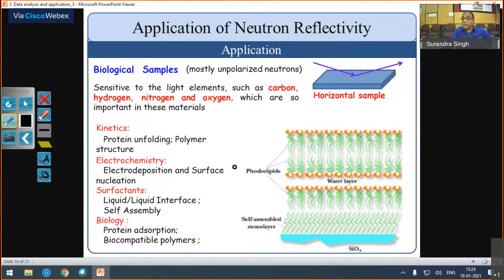If you do neutron reflectivity, you will specifically see what this layer is, whether it is carbon, hydrogen, nitrogen, what is lying in this region, what is lying in that region. All these things you can distinguish from neutron reflectivity. So it is very important to do biological samples with neutron reflectivity.